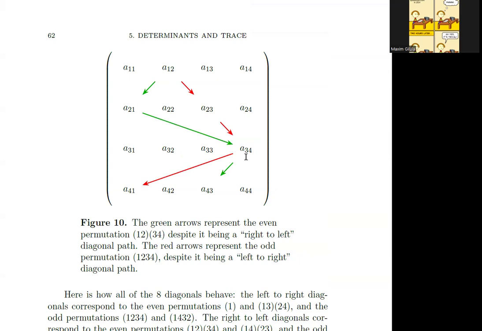And the red arrows represent the odd permutation 1 to 2, 2 to 3, 3 to 4, 4 to 1. So that's negative despite being left to right. And the one that swaps 1, 2 and separates 3, 4 like this was right to left, but it was positive.